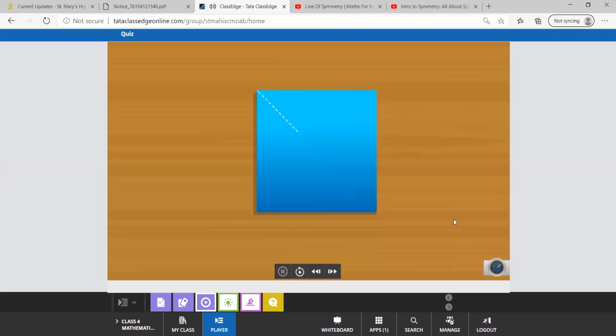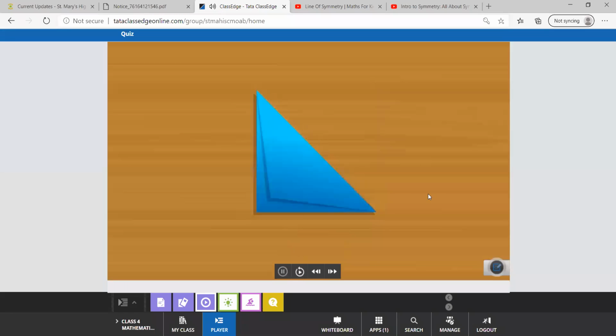What about this line? Click the Fold button to see the square fold against this dotted line. Now, that time I told you that if the line is standing like this, it is vertical. If it is sleeping like that, it is horizontal. Now this type of line, which is from one corner to the opposite corner, is called a diagonal. The square divides into two identical parts when folded along this line too.